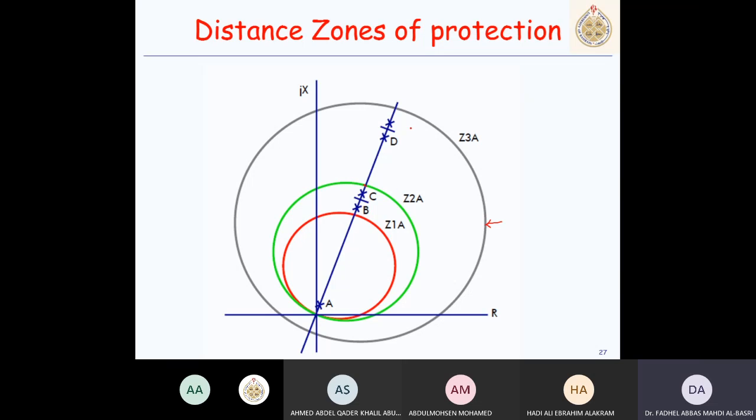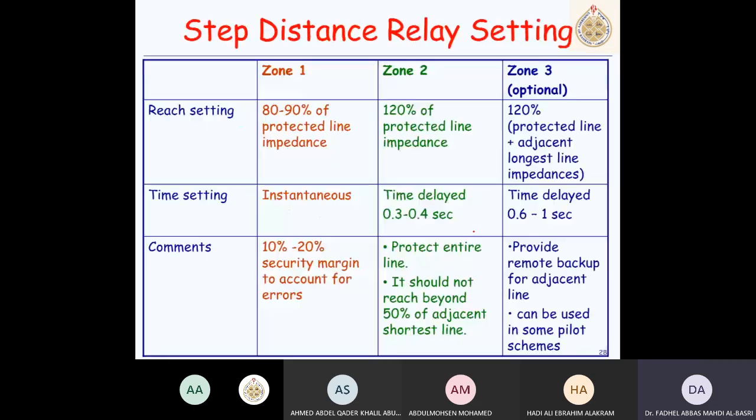So it covers up to 120%. It covers this line plus a margin so that I make sure that all faults in line CD are detected. So it provides a backup for faults in the protection of line CD. And it's offset mode so that I make sure that I also detect faults behind this line. So this is the offset mode.